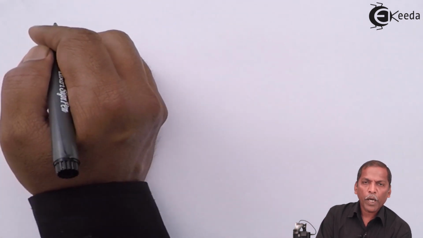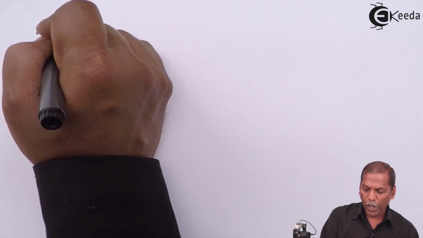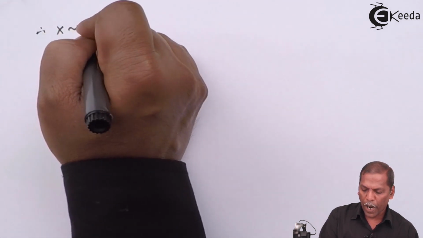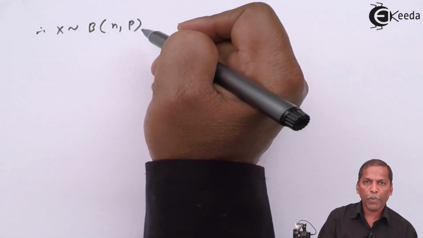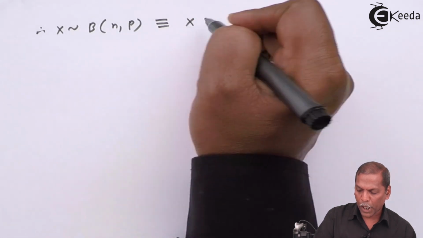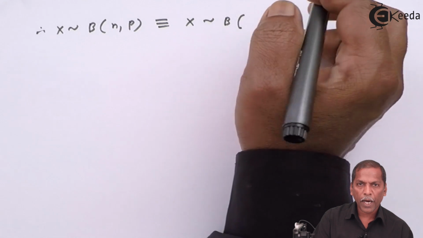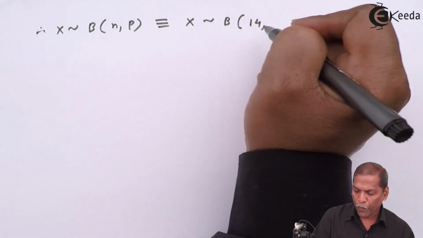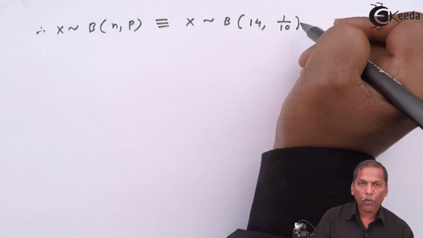And therefore, in that case, the random variable X follows binomial distribution with parameters n, p. For n we substitute 14, and for p we substitute 1 by 10.